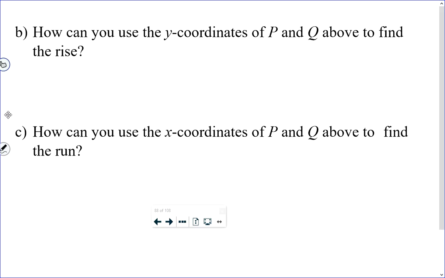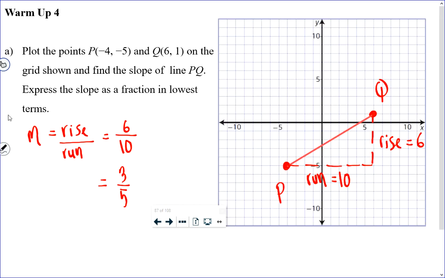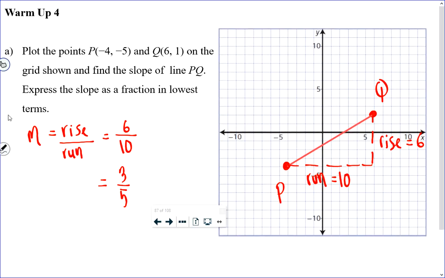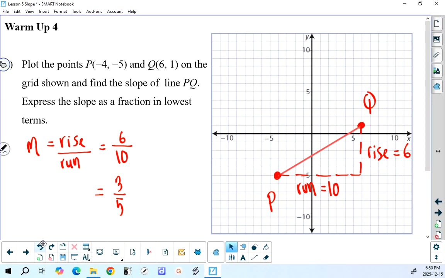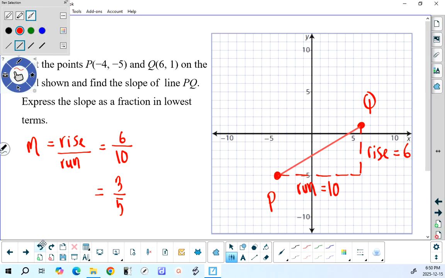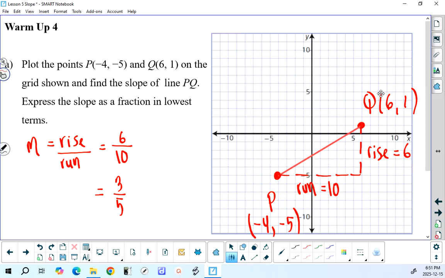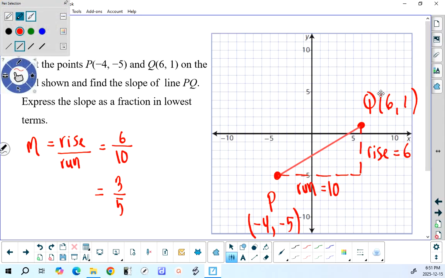How can you use the y coordinates of the 2 points to find the rise? Well, let's go back and look at the y-coordinate of point Q. Q was at 6, 1, and P was at -4, -5. The question is, how can we use these two y-coordinates to get the rise of 6?